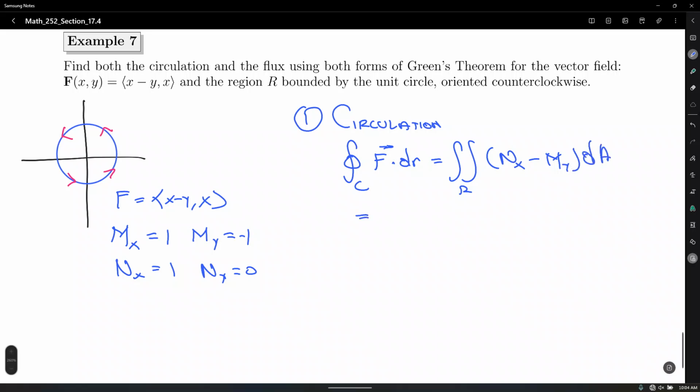That is equal to the double integral over R of 1 minus -1 dA, which is 2 times the double integral of dA over the region R.